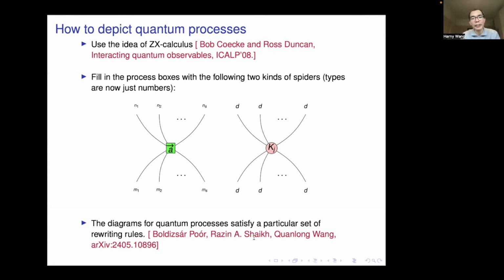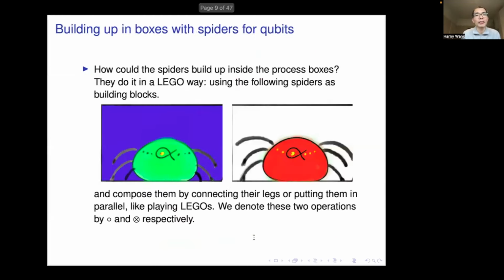So that's the idea: the use of spiders and some rules. But this is very general. To make it easy, let's just consider qubits.